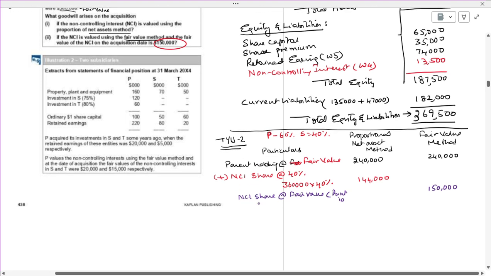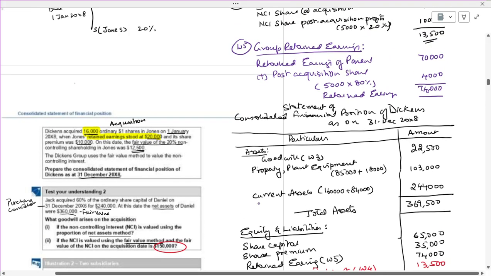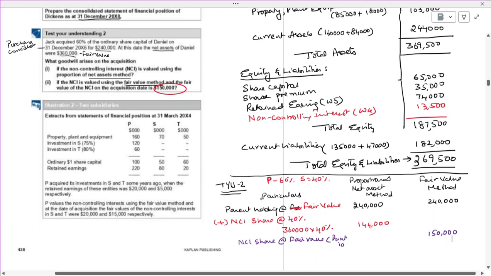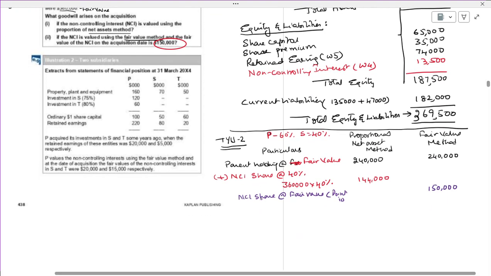They will mention this as 100%. If you go to the previous question also, they have mentioned fair value of NCI 12,500. It means it is the fair value method.